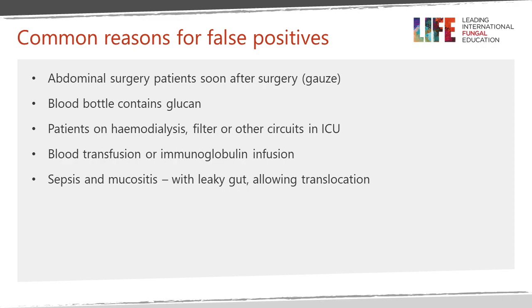Patients on hemodialysis, on hemofilters or other circuits used in ICU is a common reason for a false positive BDG. Patients who have a blood transfusion or immunoglobulin infusion may have a positive BDG, which is not clinically important. And patients with sepsis and mucositis generally have a leaky gut, and that allows translocation of BDG from the GI tract into the bloodstream, but doesn't always represent invasive infection.